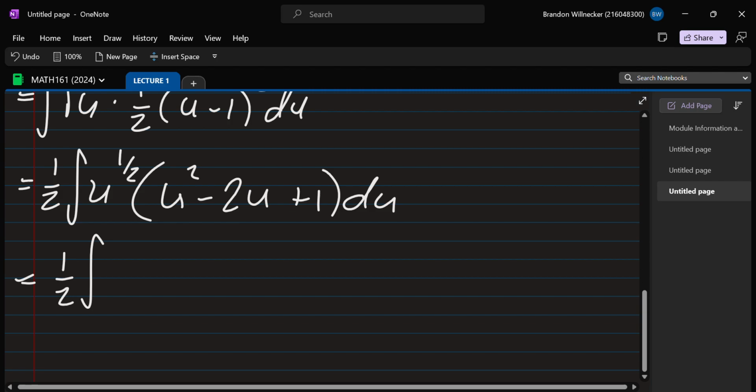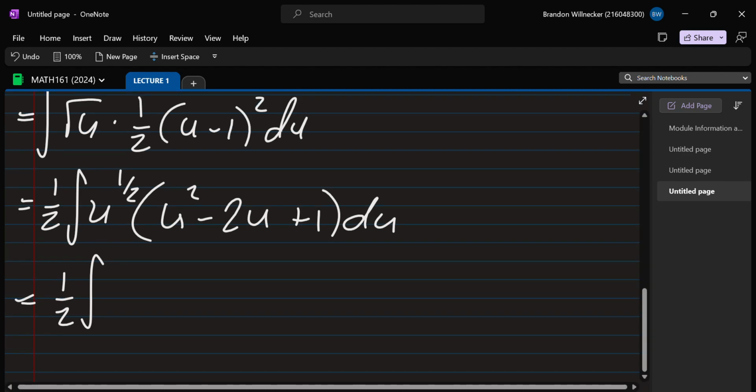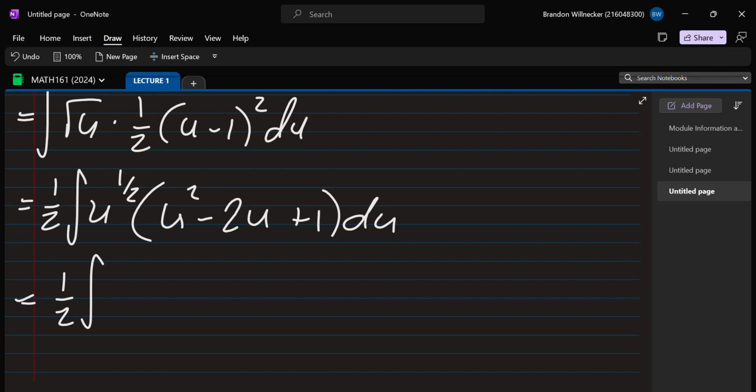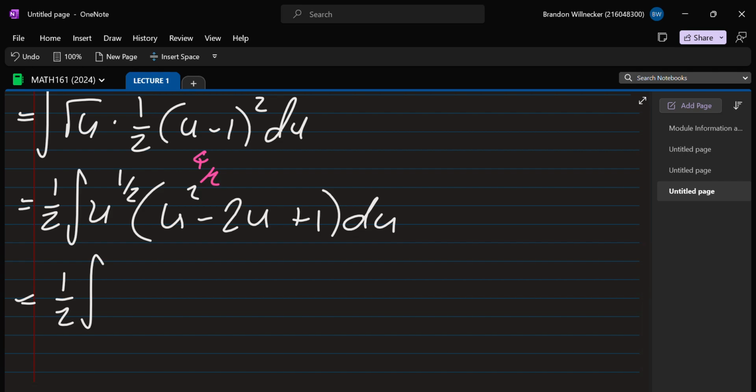To make this a bit easier, because when we multiply in, we're going to be adding exponents, let's rewrite these exponents with a denominator of 2. That will make it a bit easier. u squared, if we write that with a fraction exponent, we can write u squared as u to the 4/2. 2u, that's 2u to the 1.